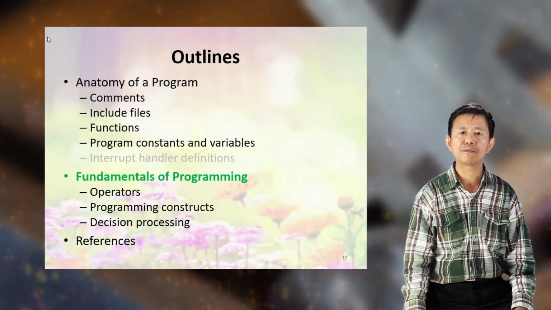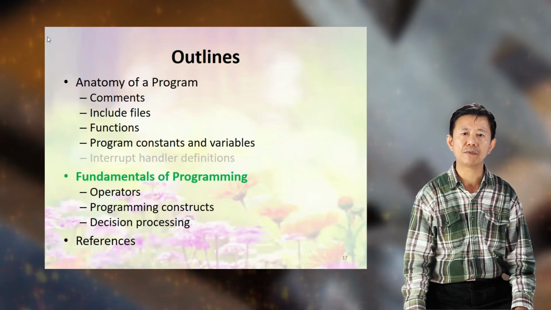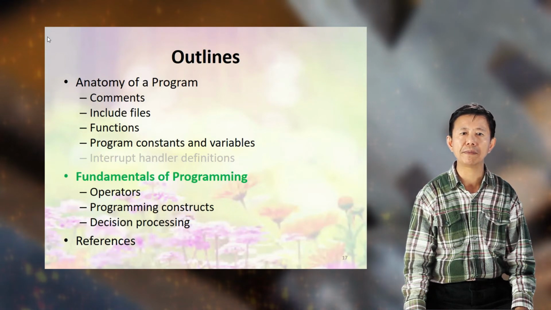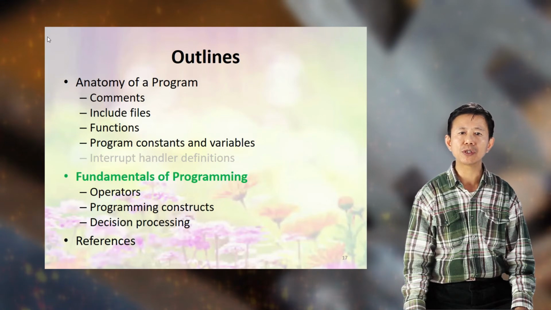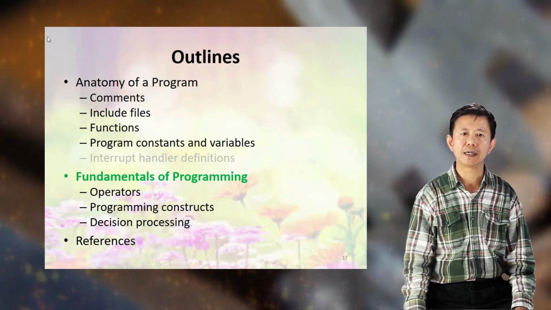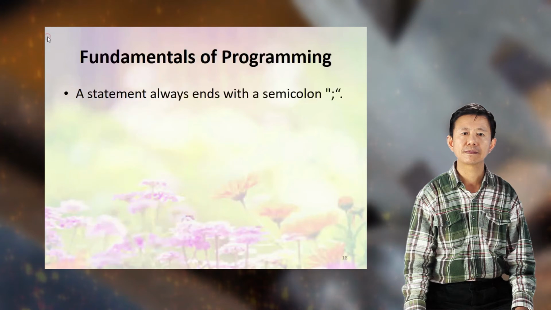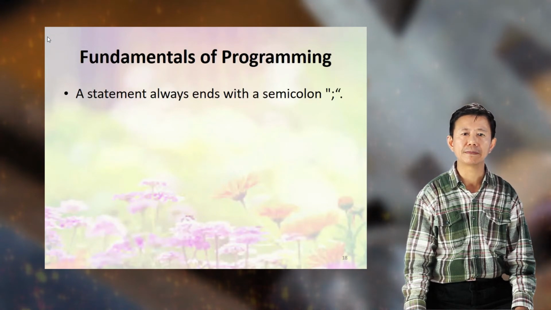After finishing programming constants and variables, I'll start to talk about fundamentals of programming. In addition to the subsections listed here, I'll give you some rules in the following slide. A statement always ends with a semicolon.